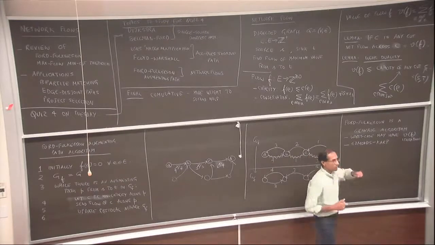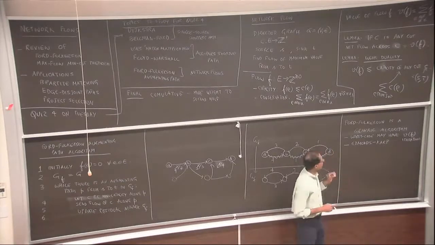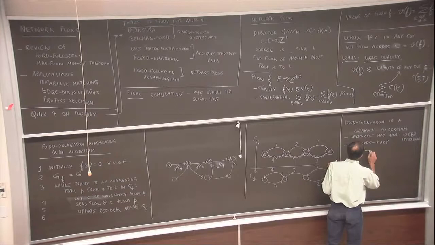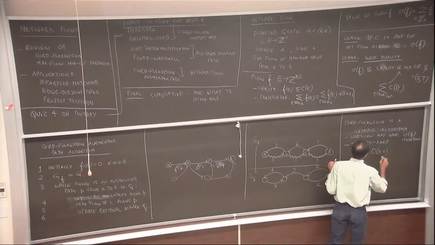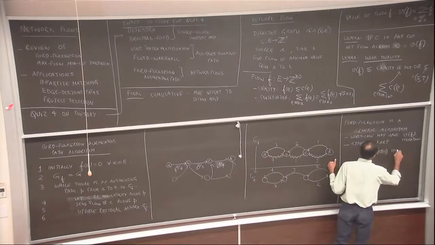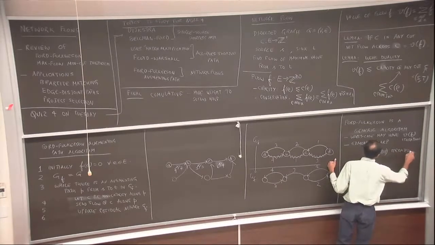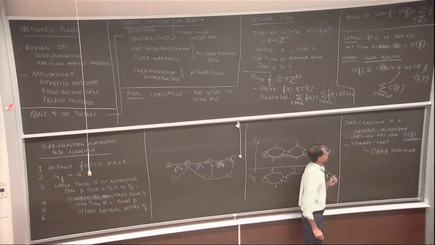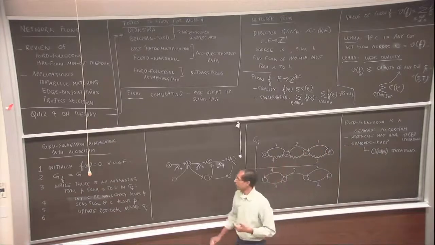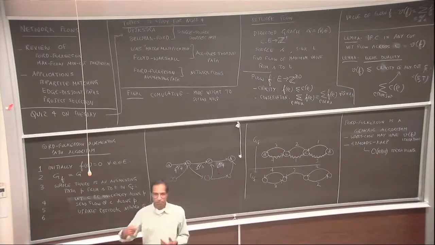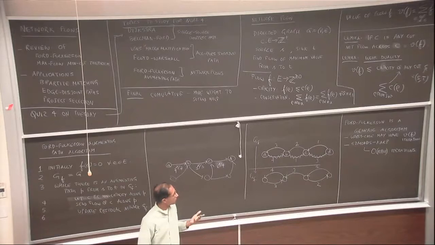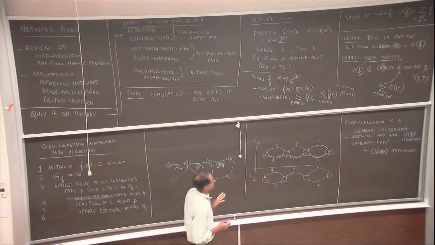Edmonds-Karp, where you always try to pick the shortest path, is guaranteed to end in time, I think, order E times V iterations. And each iteration itself just takes you linear time. So the overall running time is something like E squared times V, or V squared times E. I don't exactly know what it is.